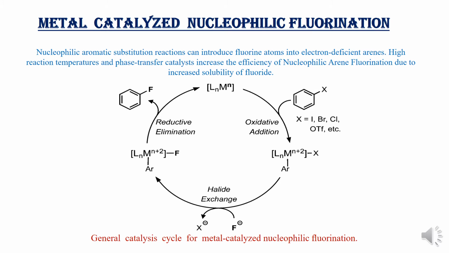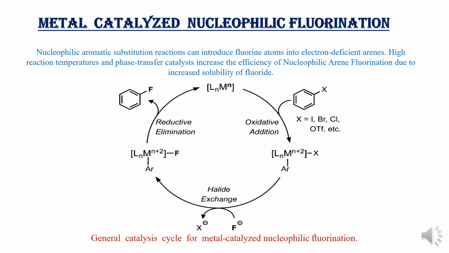The reaction conditions that were used to undergo the aryl fluorinations are usually drastic: high reaction temperatures were used at high pressure, and more time was used for these metal catalyzed nucleophilic fluorination reactions. Furthermore, these reactions were carried out by using a phase transfer catalyst.